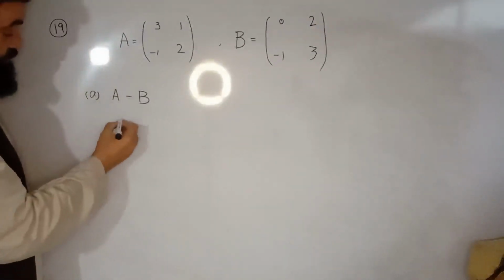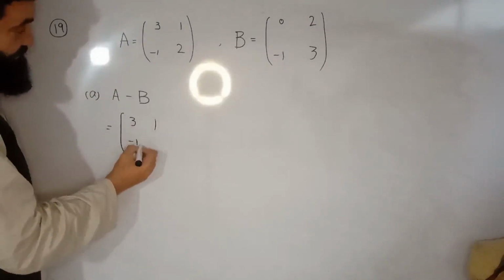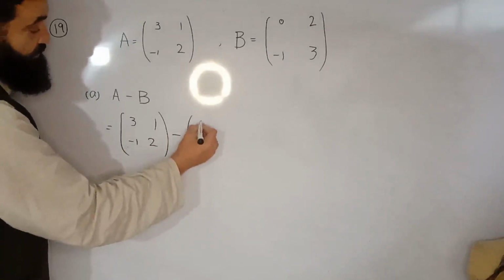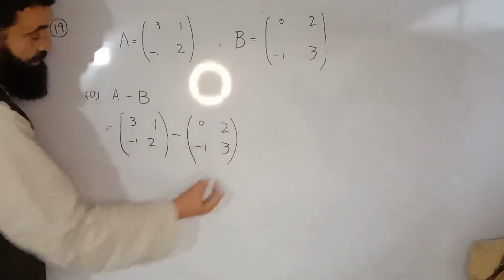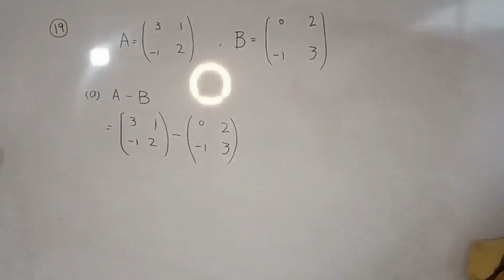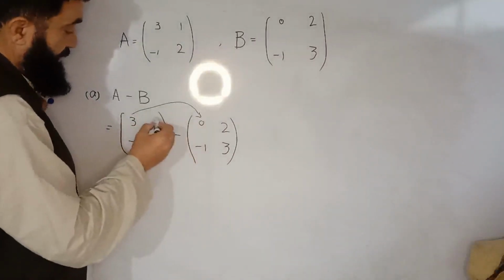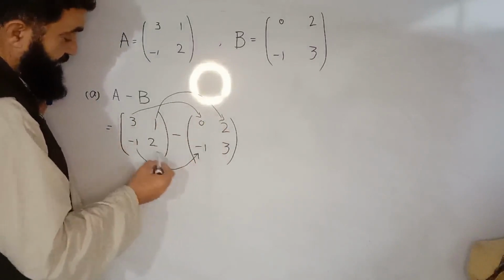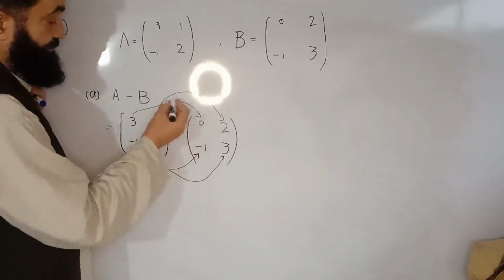First we write A, which is [3, 1; minus 1, 2], and minus B, which is [0, minus 1; 2, 3]. We subtract the corresponding entries.